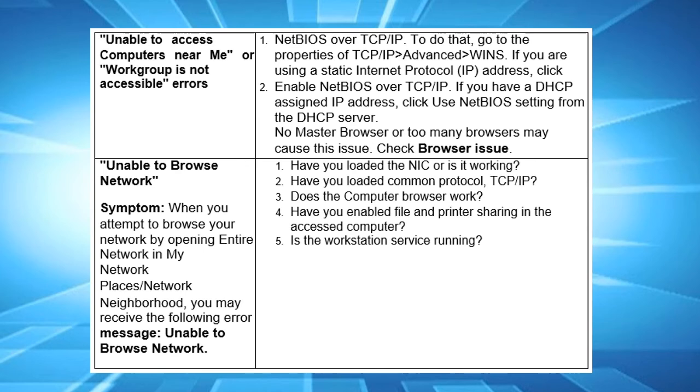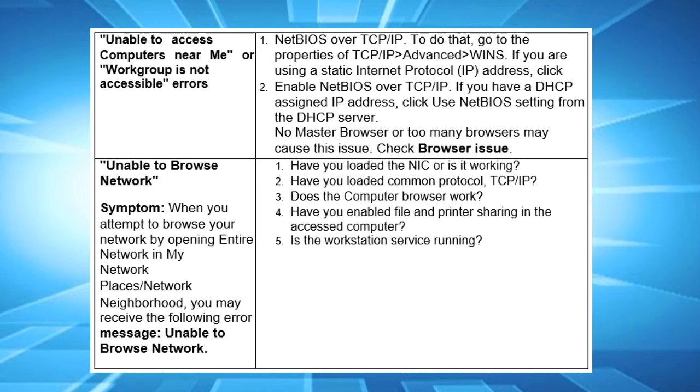If you are using a static IP address, click enable NetBIOS over TCP/IP. If you have a DHCP-assigned IP address, click use NetBIOS setting from the DHCP server. No master browser or too many browsers may cause this issue, so check your browser issue for this network error.